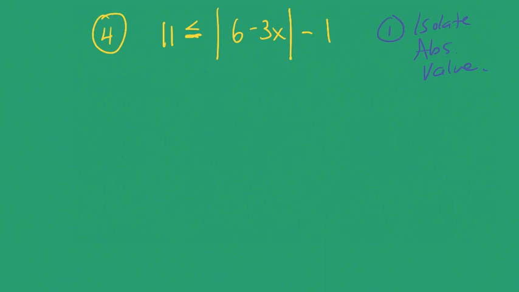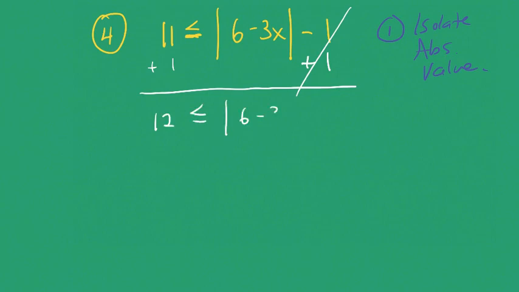On the right side, the absolute value has a -1 with it, so we'll get rid of the -1 by adding it. So now we've got 12 less than or equal to the absolute value, which is now all by itself.